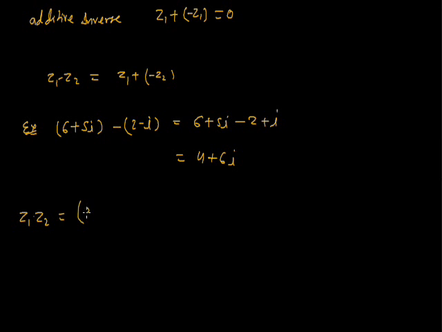So z1 into z2 we can define as (x1 x2 minus y1 y2) plus iota (x1 y2 plus y1 x2). The multiplication of two complex numbers follows the closure law, commutative law, associative law, and multiplicative associative law.